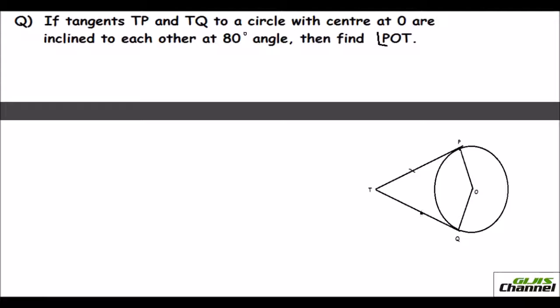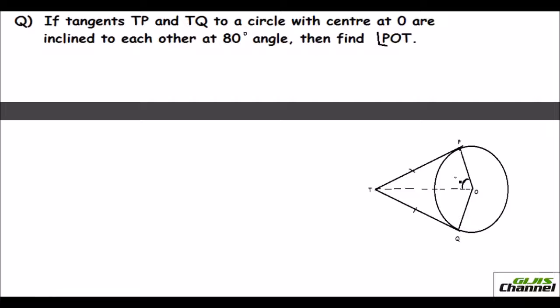Okay, these are the tangents, and you know from a point outside the circle, the two tangents drawn are equal in length, right? So your TP is equal to TQ, that you already know. You need to find out what is POT.